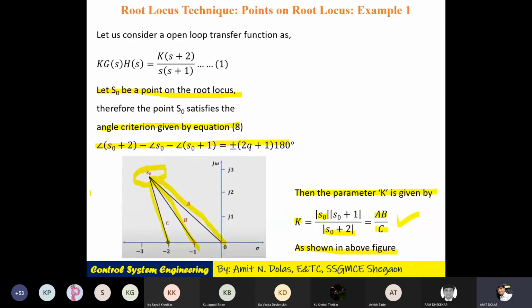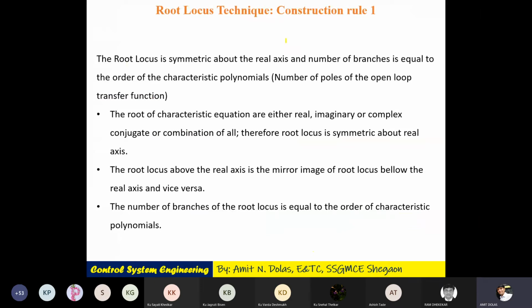So here there are several rules. I think there are 6 rules, out of which we'll see only 3 rules today, looking at the time. So construction rules are there. Construction rule 1, 2, 3, 4, 5, 6 likewise.